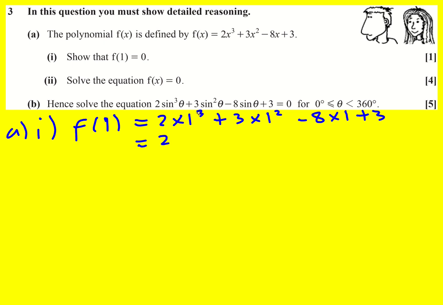That gives me 2, because 1 cubed is just 1, plus 3 minus 8 plus 3, which is 2 plus 3 is 5, plus 3 is 8, so it's 8 minus 8, so it is equal to 0.